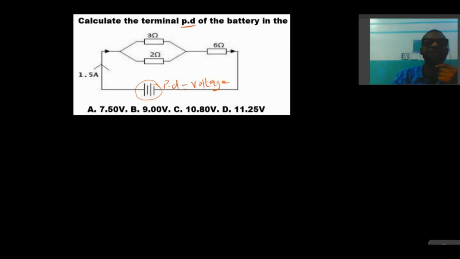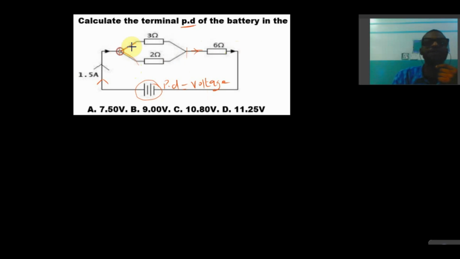Remember, the battery is providing a current of 1.5 amps across this circuit, and when the current comes to this point, it will split. Some will pass here and some will pass here. On getting to this point, they will combine and they will all pass through the 6 ohms resistor.